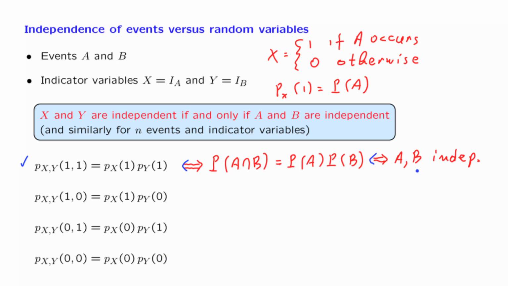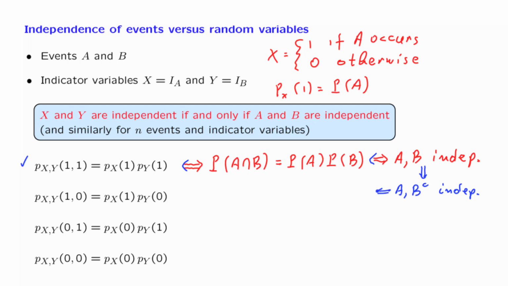Here's how we can proceed. If A and B are independent, we have shown some time ago that events A and B complement will also be independent. Intuitively, A doesn't tell you anything about B occurring or not, so A does not tell you anything about whether B complement will occur or not.